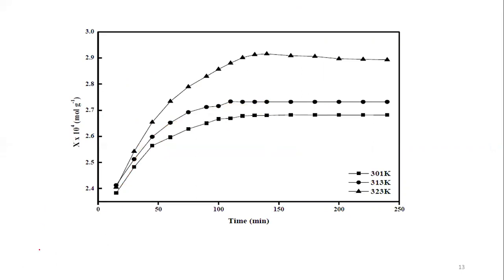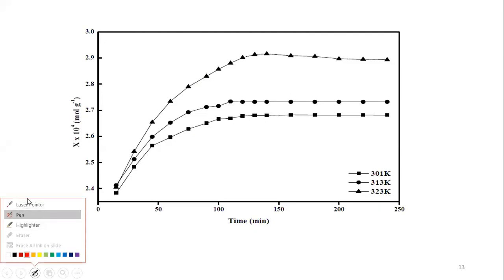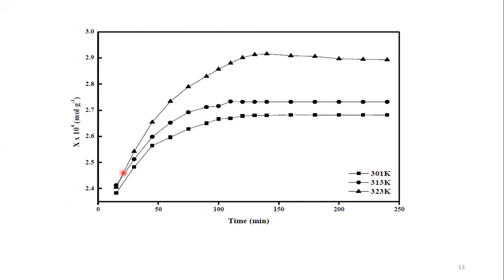It's very important to note why at the initial stage we have very high absorption capacity, and after some time very low absorption capacity. Initially, all our active sites are free. Our material is free for attachment.